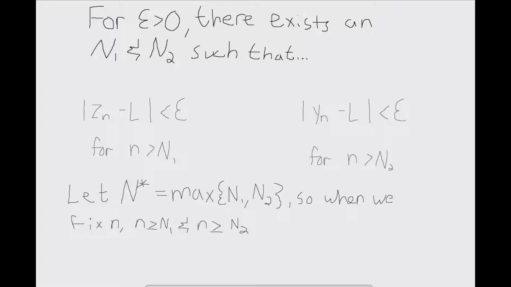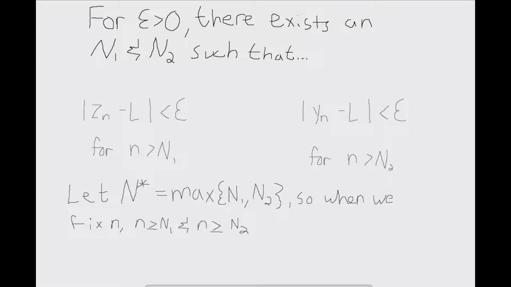Okay, so to begin the actual proof, we're going to start off how we usually do. For epsilon greater than 0, there exists an n1 and n2 such that the absolute value of z sub n minus L is less than epsilon for n greater than n1, and the absolute value of y sub n minus L is also less than epsilon for n greater than n2.